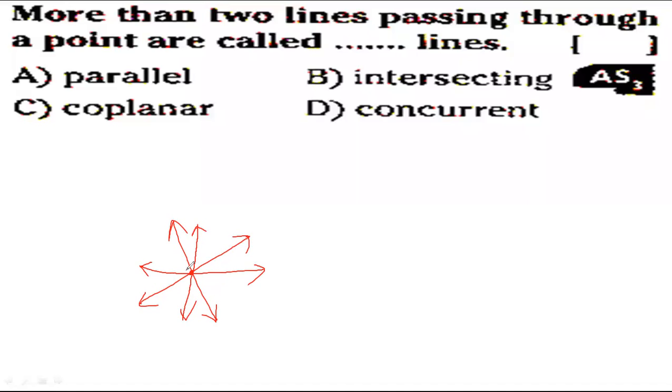This is the meaning of more than two lines passing through a point. Common point is C. Such type of lines are called concurrent lines. Option D is correct.